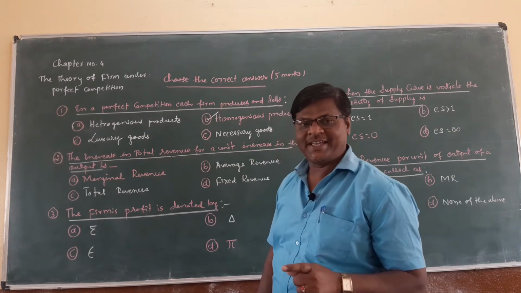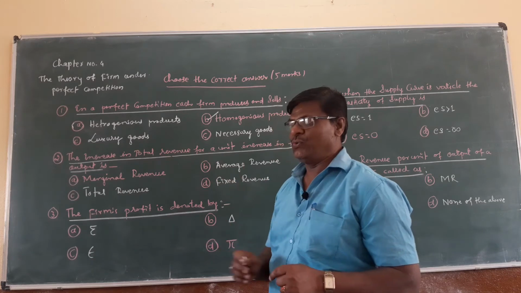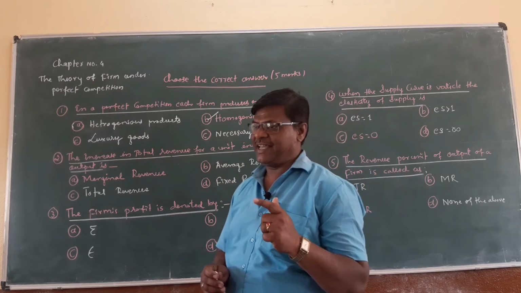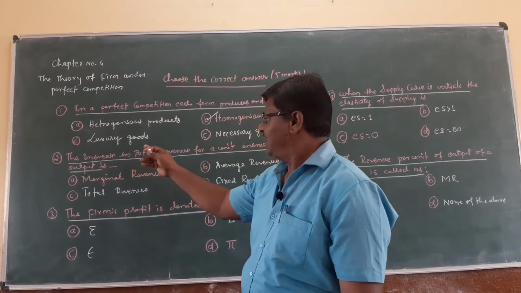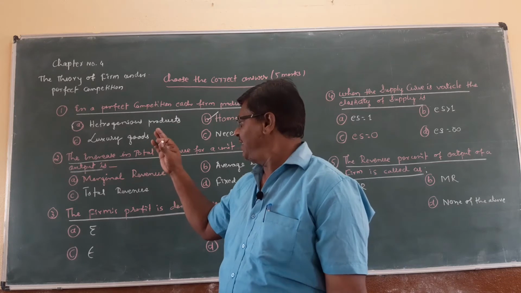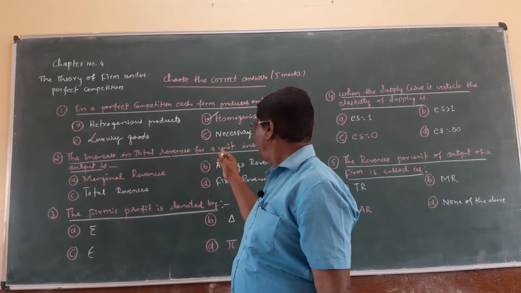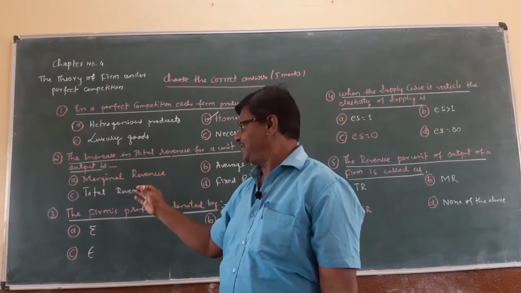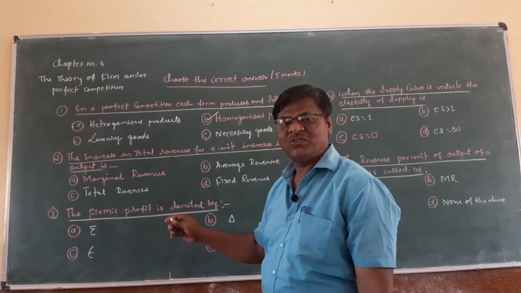And the second question is, the increase in total revenue for a unit increase in the output is. Option A, marginal revenue.